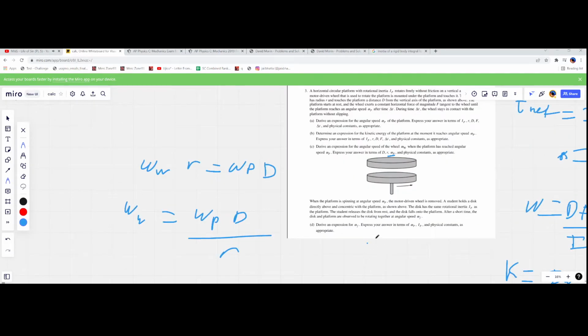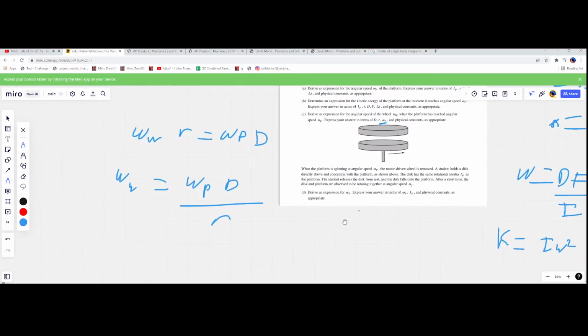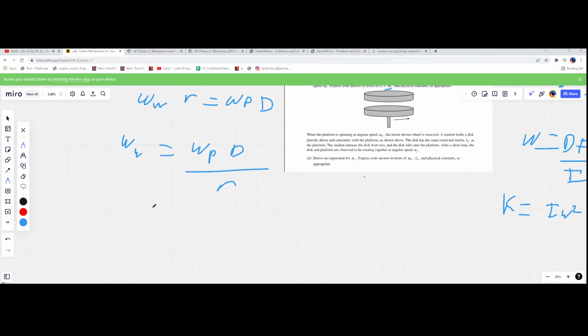Okay. A student holds a disc directly above. Okay, it's just conservation of momentum. Wow, this problem is actually really good for our test. Okay. So IP.